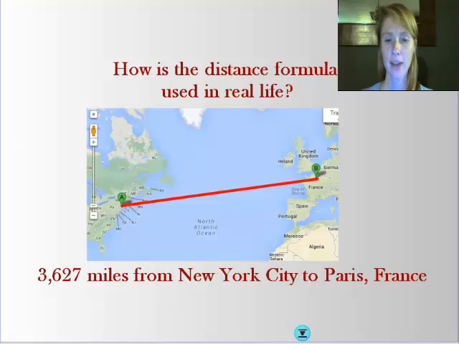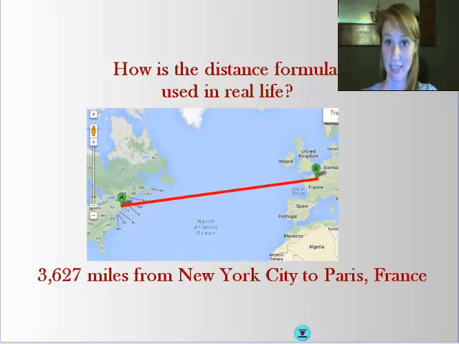Okay, finally, let's answer the question we had at the very beginning of this video. How is the distance formula used in real life? So, Google Maps uses the distance formula to find the distance between 2 locations. Google Maps uses what's called coordinates, called latitude and longitude, to find the distance using the distance formula.